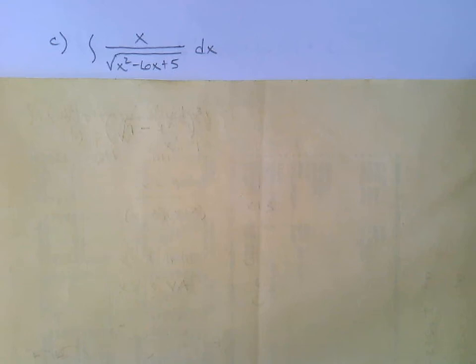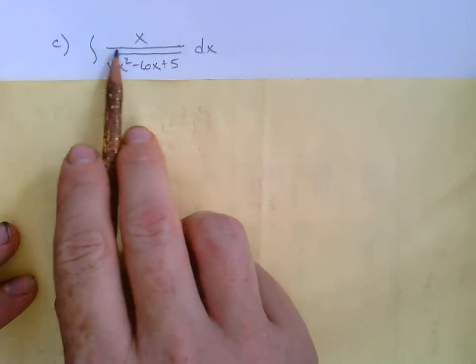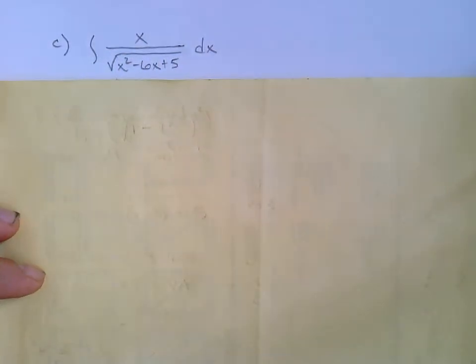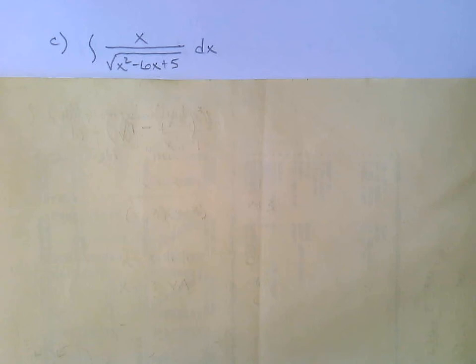Okay, now what's different here is that we don't see these nice perfect squares inside the square root. And so we don't want to go set up our right triangle immediately. We want to rethink that square root there because we need either the difference of two squares or the sum of two squares in order to begin to set up our right triangle.